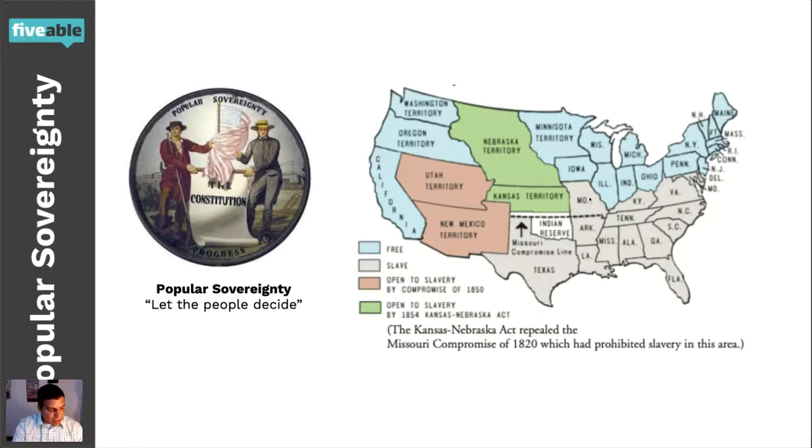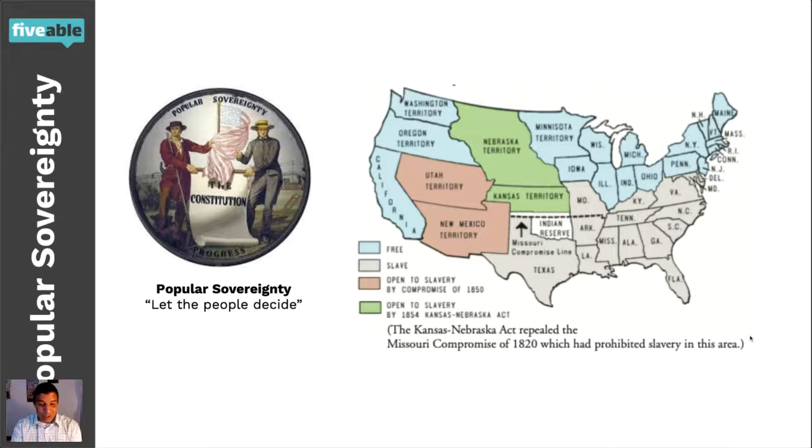So Dred Scott is going to travel with his master from Missouri to Wisconsin. So let's travel with him right here. Is Wisconsin a free state or a slave state? Okay, so Dred Scott travels from Missouri to Wisconsin, and he's standing in Wisconsin. He says, wait, why am I a slave? I'm in a free state. I should be free.